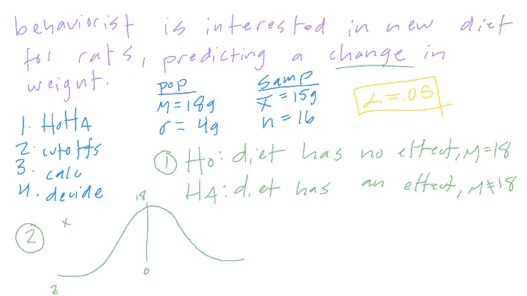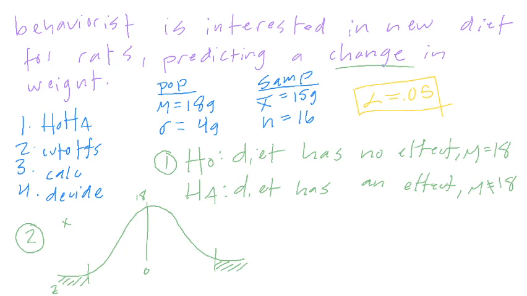If the null hypothesis is true, we'll probably get a z-score that's very close to 0, and that will support our null hypothesis. If not, we'll find ourselves out in these kind of no man's lands, our critical regions. If we find something out here in the critical region, something different is going on. It seems that the diet does have an effect because it's pushing us away from the distribution of the population.